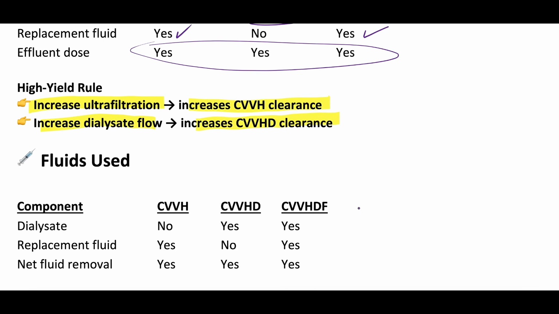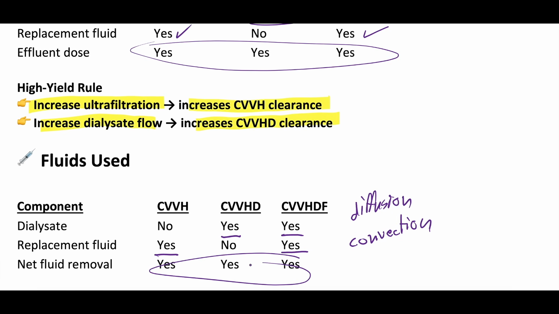You use dialysate for both CVVHD and CVVHDF, anything that needs diffusion. You use replacement fluid in CVVH and CVVHDF, anything that uses convection. And then obviously you can do net fluid removal. You can get fluid off of patients in all three modalities.